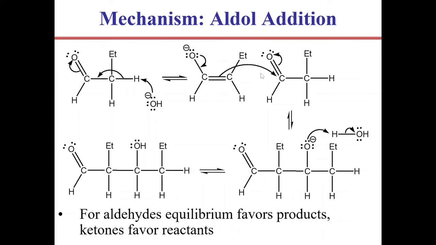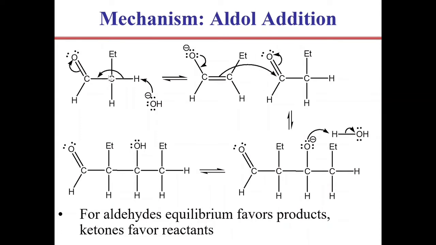Then these electrons push over here into the carbonyl carbon of the other aldehyde, and we end up with our tetrahedral intermediate. This may look pretty familiar to you from the SNAK mechanism, but we're not actually substituting anything here. This is an addition reaction, so it doesn't necessarily follow the same steps as a SNAK mechanism. You have to memorize these as kind of a separate unit of understanding.